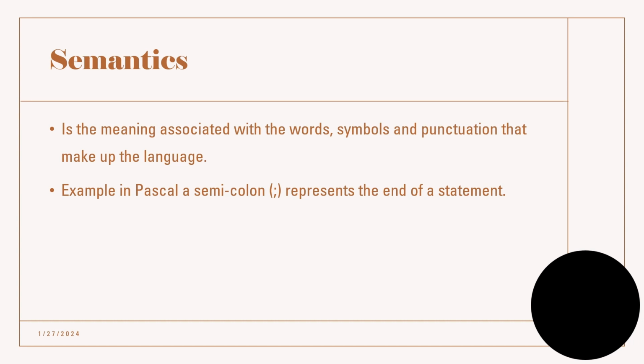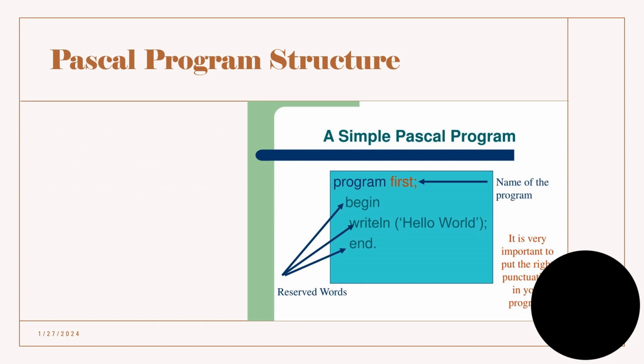In Pascal, we have a program structure, and we begin with the name of the program, followed by begin. Begin tells us that we're going to start writing some statements. Whatever we want to be outputted on the screen, we use writeln to signify that this is what we want to put on the screen.